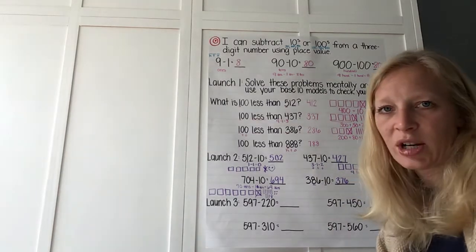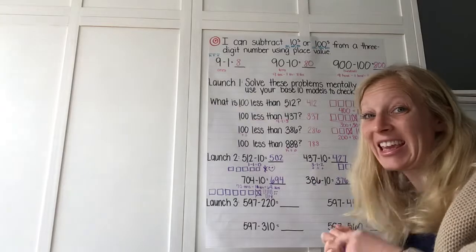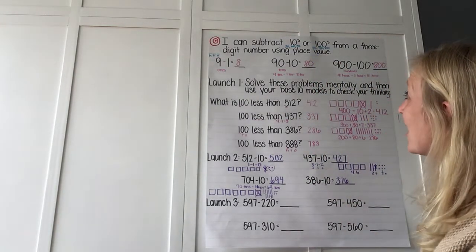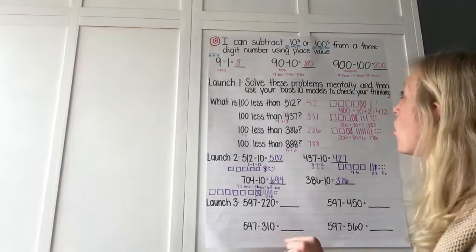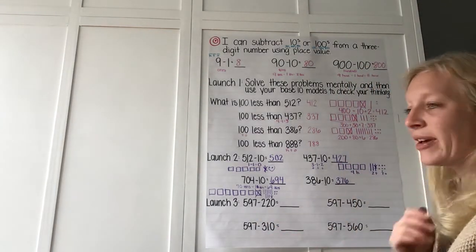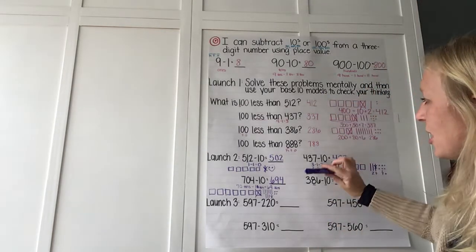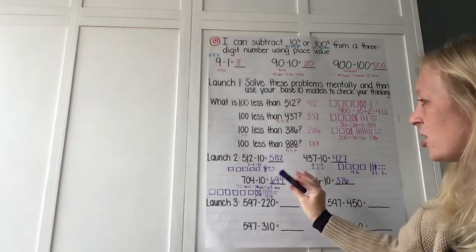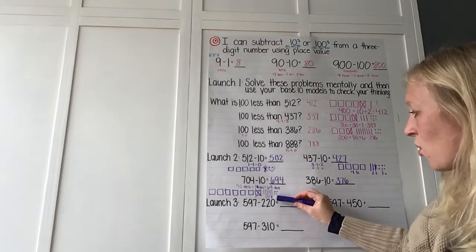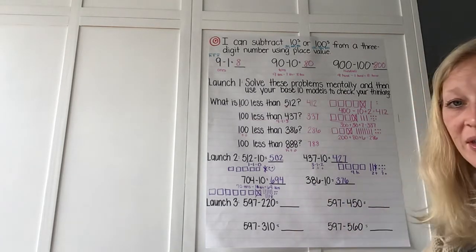Holy schmoly. All right, friends, at the beginning with our learning target, it said I can subtract tens or 100s from those 3-digit numbers using place value. So we warmed up with just 100 and just 10, but now I want you to look and see. Now, our ones still have those zeros in there, right?